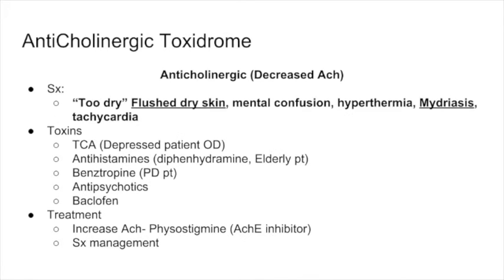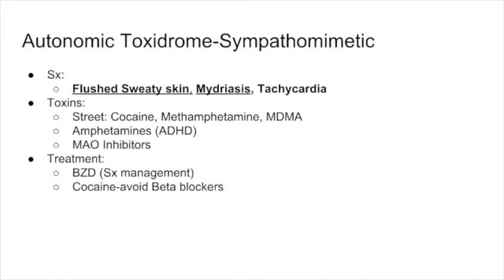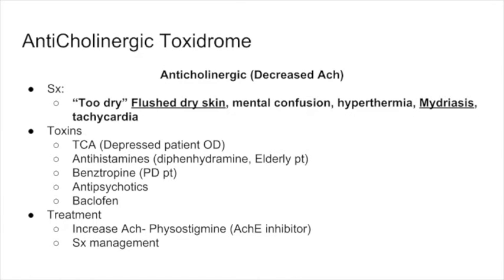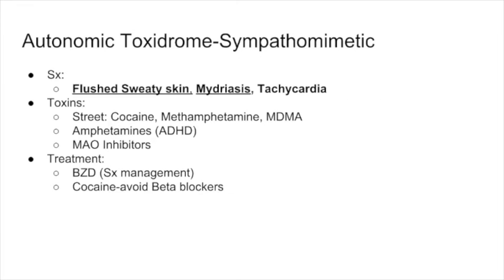Mydriasis and tachycardia for both anticholinergic and sympathomimetic. But the difference is in the anticholinergic toxidrome, you have dry skin. For the sympathomimetic toxidrome, you have sweaty skin. Think about it. If you're running from a bear, your skin is going to be sweaty. So that's how I think about it. But it's very, very important to differentiate between the sympathomimetic and the anticholinergic.